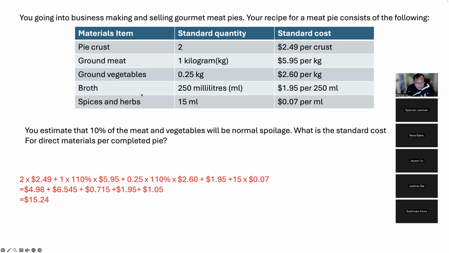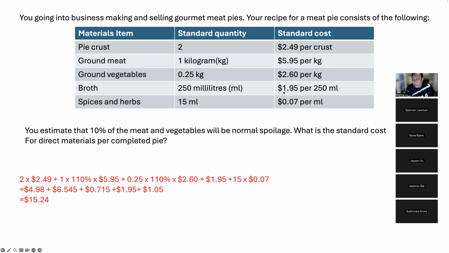So 0.25 kilograms times 110% times 2.6. And then for broth, make sure you do not use 250 times 1.95, because you have to be careful about this standard cost.